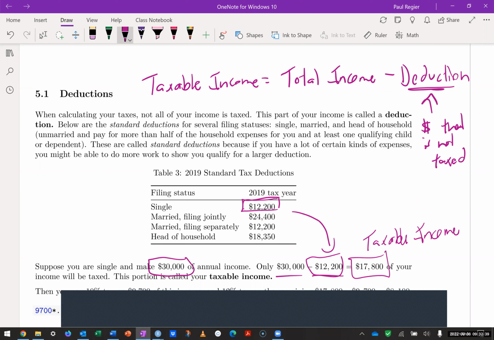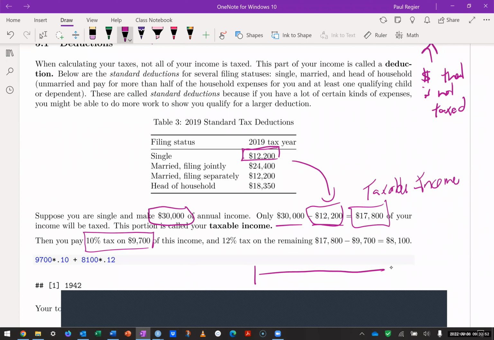Okay, so here, to calculate that person's taxes, we would say, here's the first bracket, 10% of the 9,700. And then the remaining amount, I'll draw the diagram for that. Taxable income is 17,800.